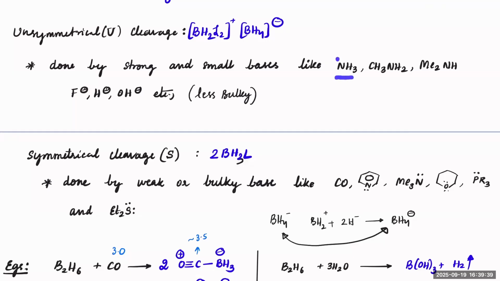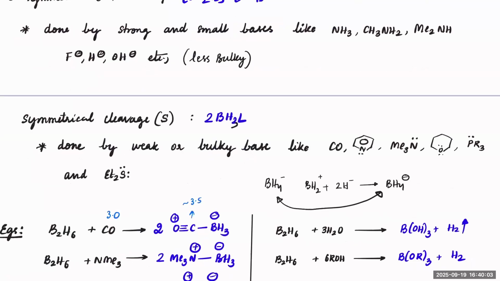Like ammonia, nitrogen is a smaller atom carrying a lone pair. Then fluorine, hydrogen, OH, these are all small in size. So two criteria you need to check: either it should be a strong base or it should be very small in size. In that case, unsymmetrical cleavage is the most favorable form.